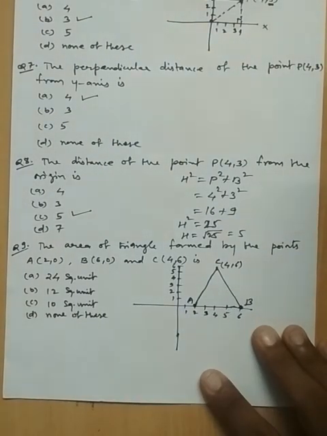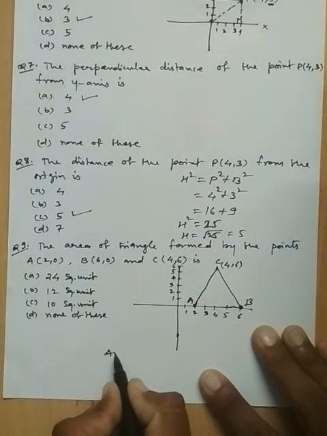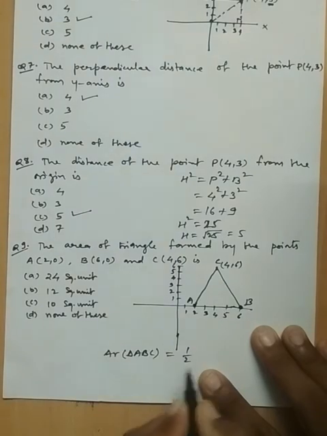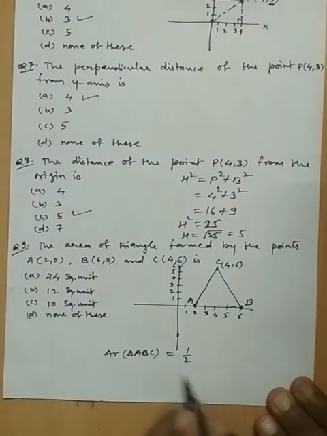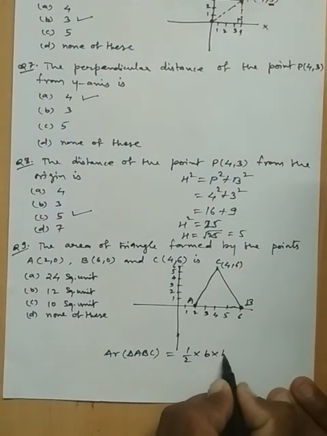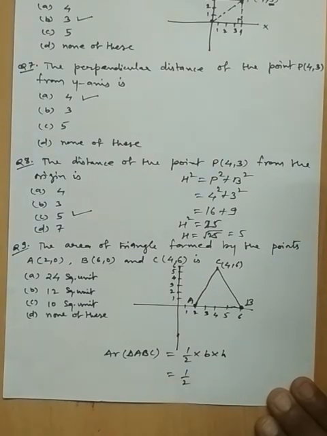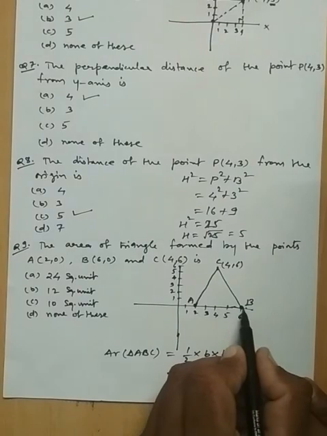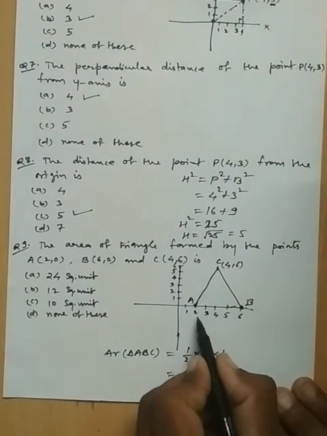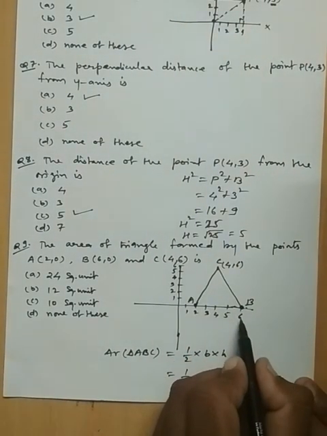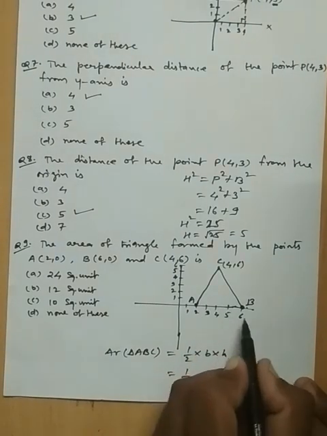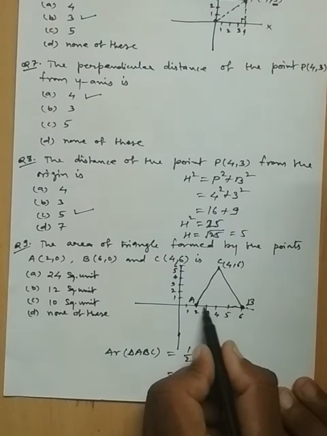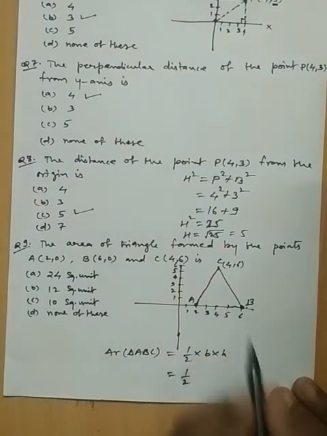So ABC is the required triangle. The formula for the area of a triangle is half into base into height, and we can apply it here. The base is AB, and the distance of AB is from 2 to 6. Its difference is the distance: 6 minus 2 is 4 units.